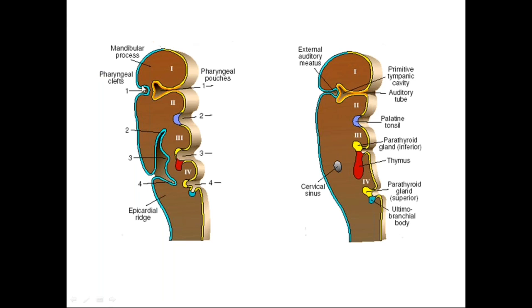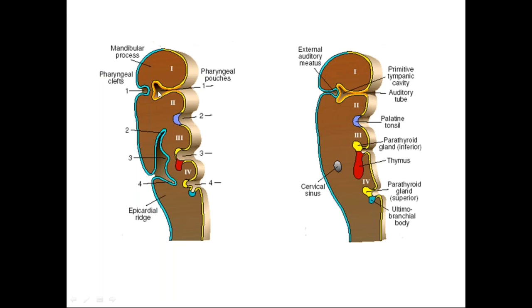First ectodermal thickening will give rise to the external acoustic meatus. Second and third ectodermal thickenings will overgrow and enclose a space with the fourth cleft. This enclosed space forms the cervical sinus. If it persists, it forms a branchial cyst or cervical cyst within the neck region.